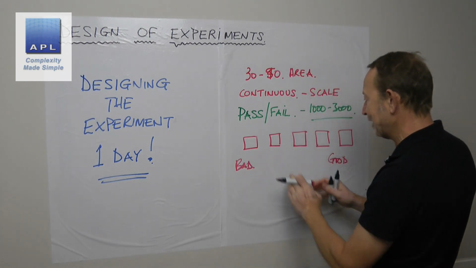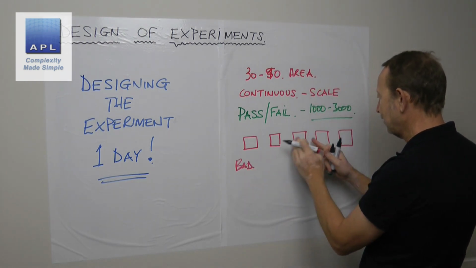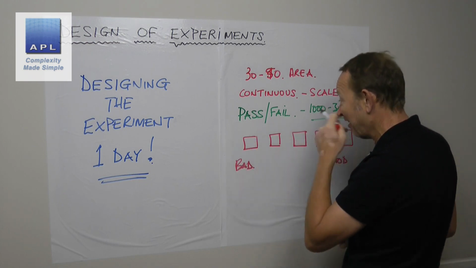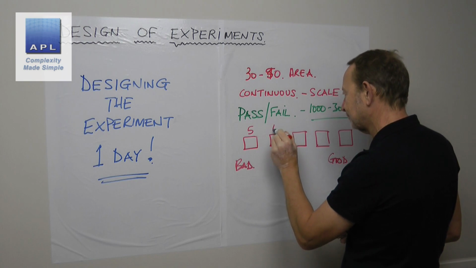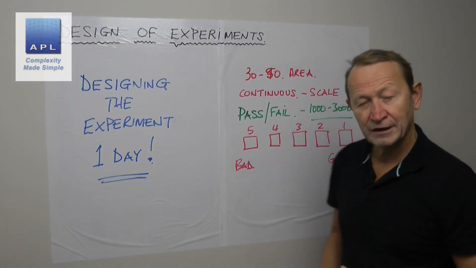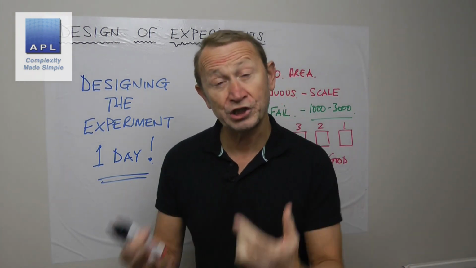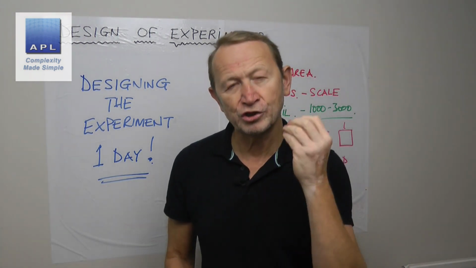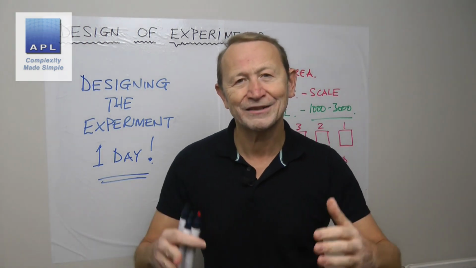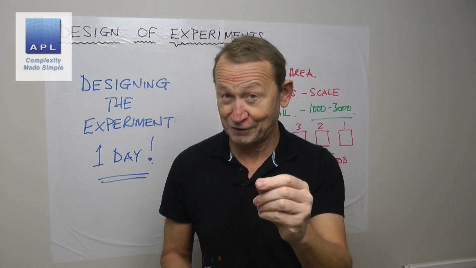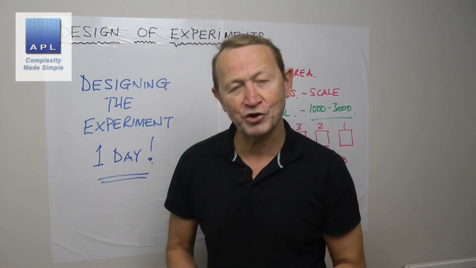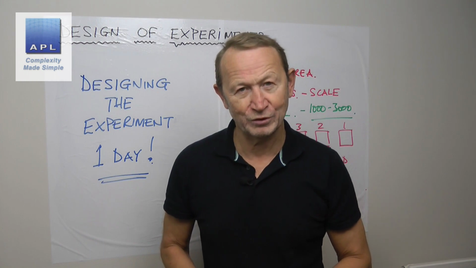These are the really bad ones. Over here, maybe this is just a pass, just a fail, and then I would give them, you know, maybe 5, 4, 3, 2, 1. I'd give them a score to generate a scale. You've got to have a scale in your response, otherwise the sample size and of course the cost goes boosh! So measurable data is really important.